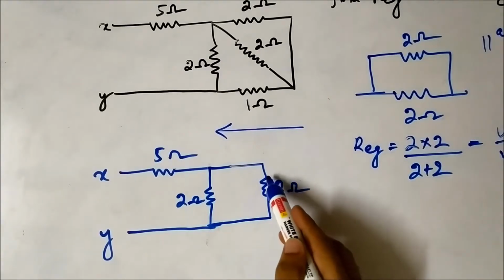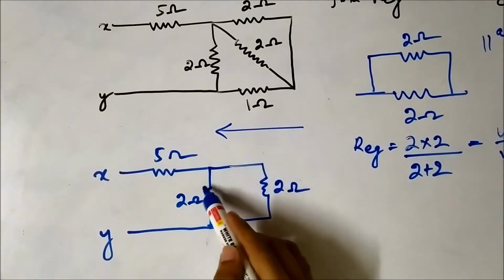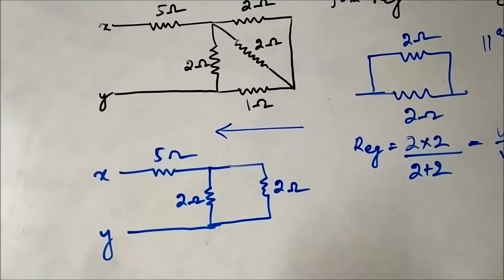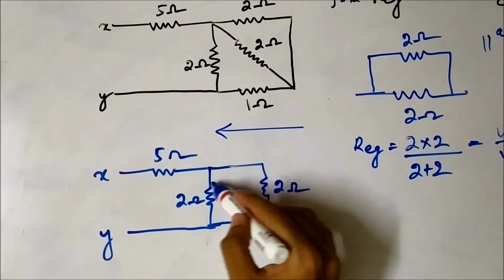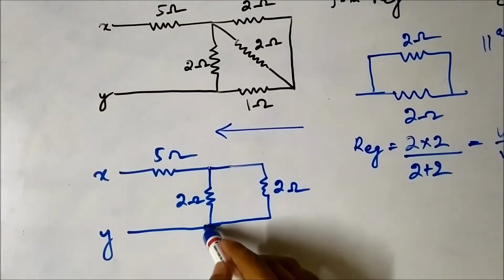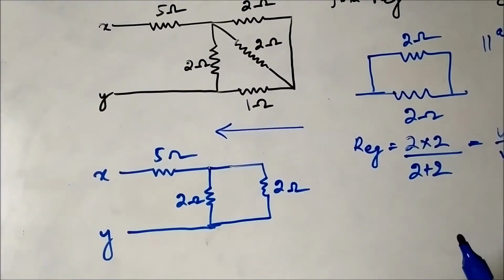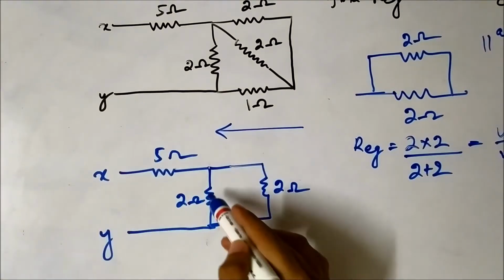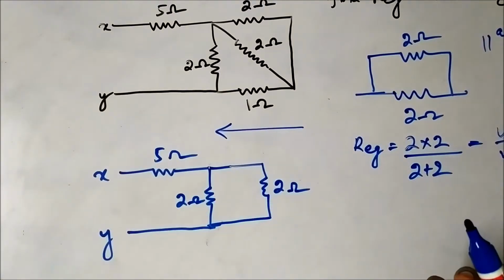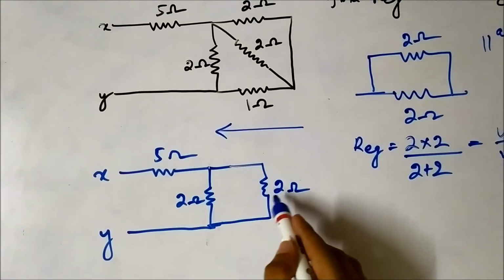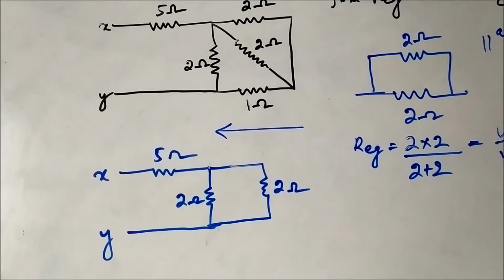Why? Because you can see these top ends of the 2 ohm resistors, I am using the terms top, left and right just to make you understand. The two ends of the resistors are connected at one common point and the other two ends are connected at another common point. If we connect a voltage source across this, the voltage across each of the 2 ohm resistors will be the same. So the two 2 ohm resistors are in parallel with each other.